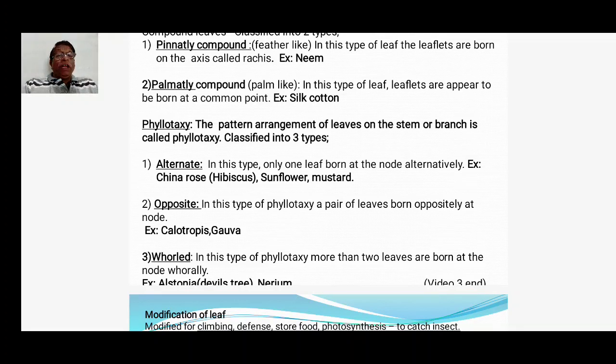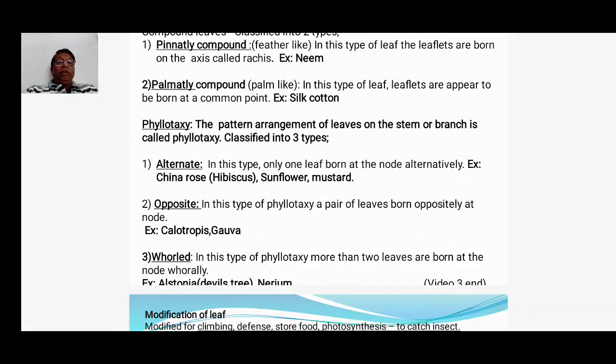A pair of leaves, one pair, they are opposite. We call opposite phyllotaxy. It is having another two types, opposite decussate and opposite superposed. Okay.